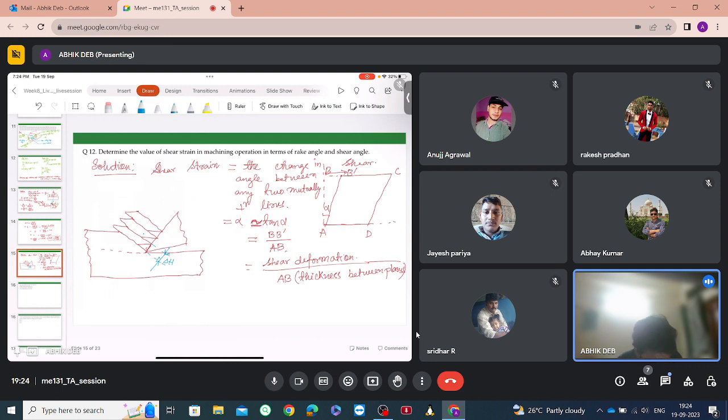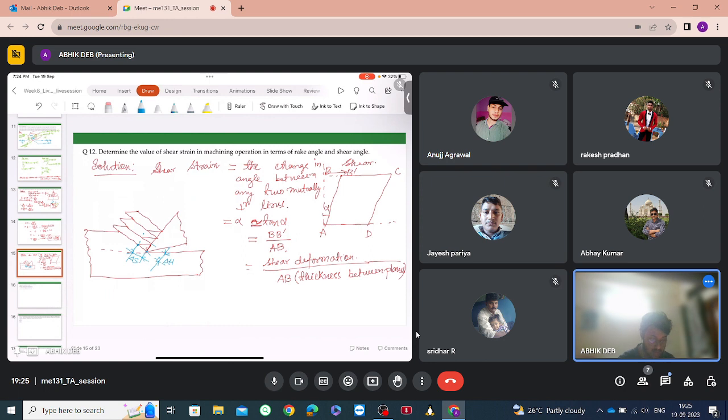And what is the deformation due to shear? This point was supposed to be here, but due to the deformation, it has shifted to here. So the shear deformation will be from here to here. Let it be delta S.